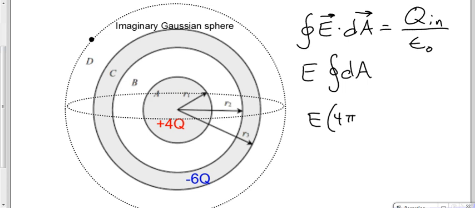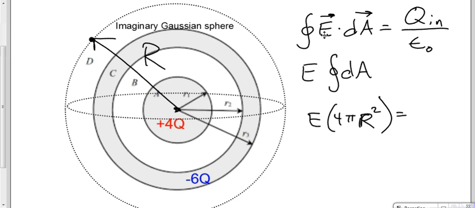So r is some distance. I'm going to use capital R because they use small r's to denote the sizes of the spheres in the problem itself. And I'm going to label this distance there as my big R. So that's the area of your Gaussian sphere.